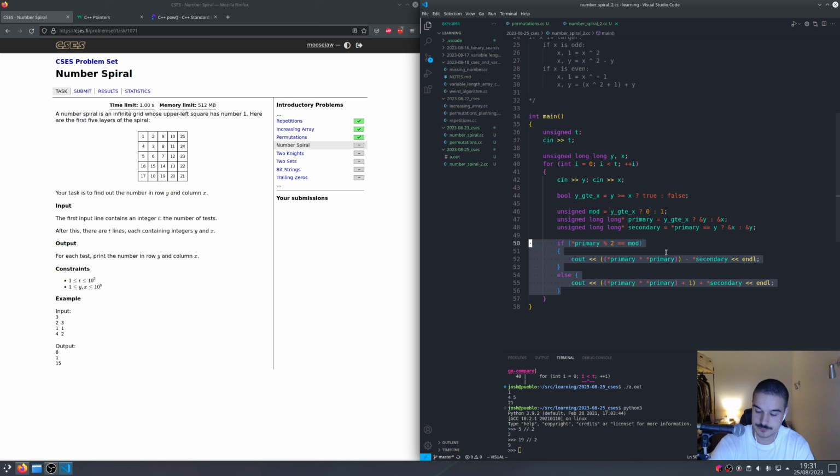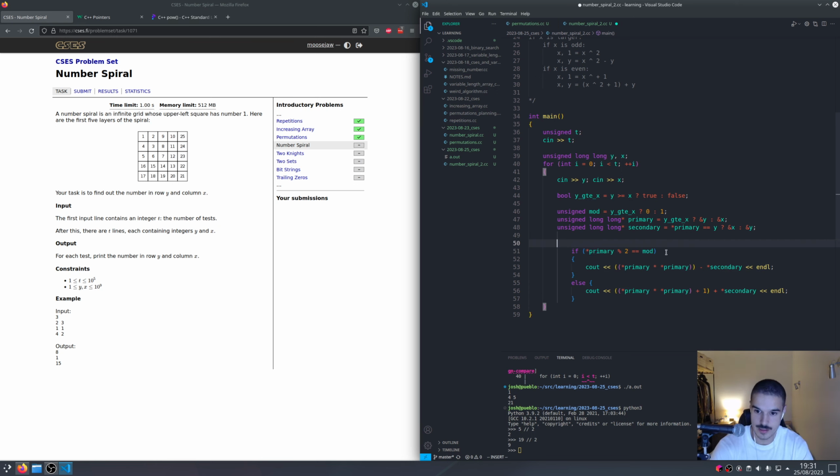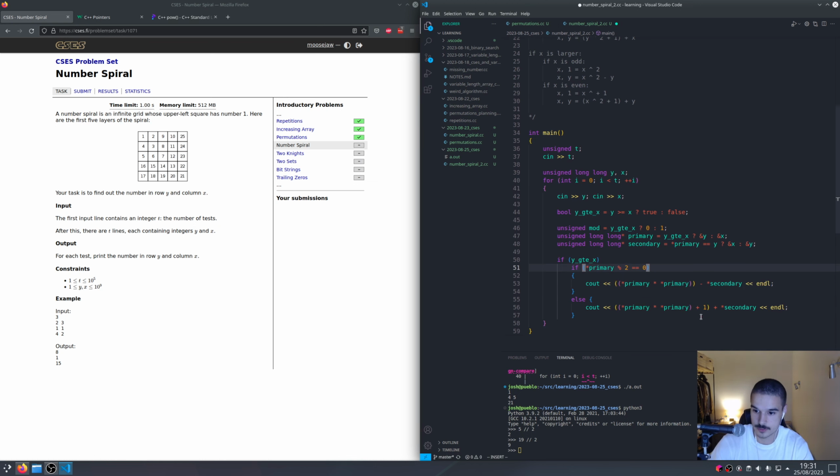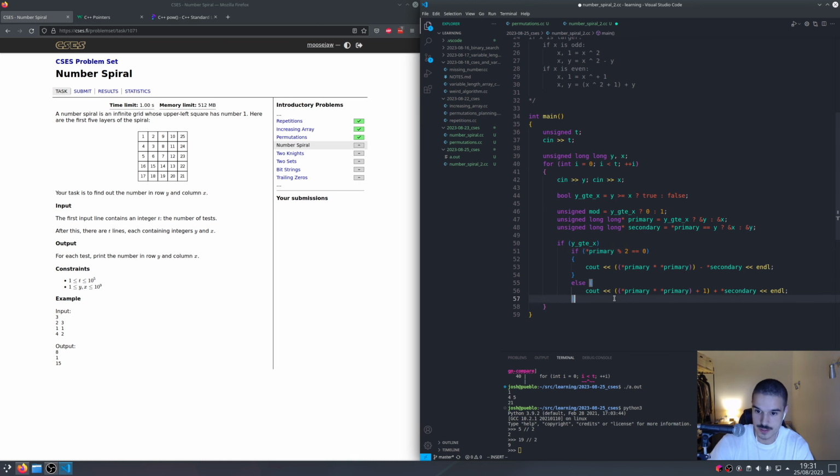So if y is greater than or equal to x, if our primary over 2 is 0, meaning even, so if y is even, then we want to do that, otherwise that.